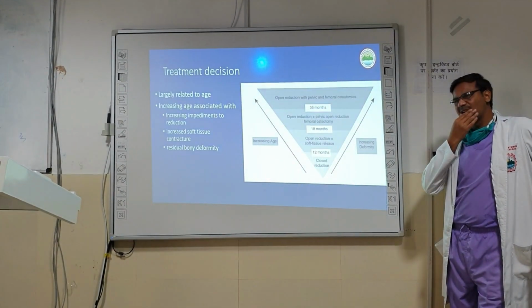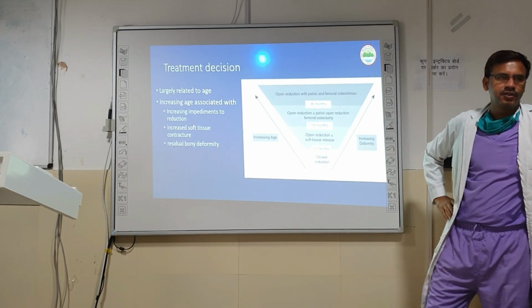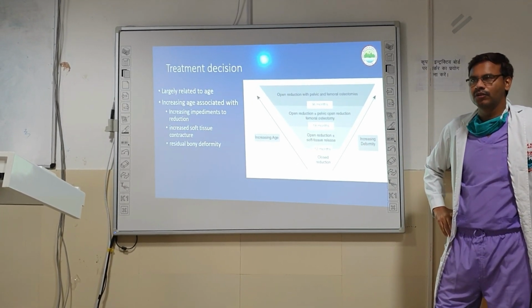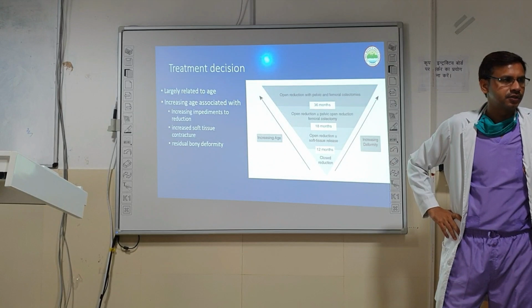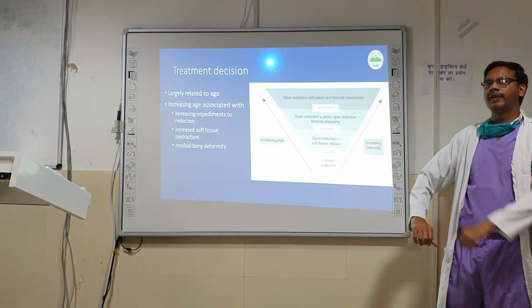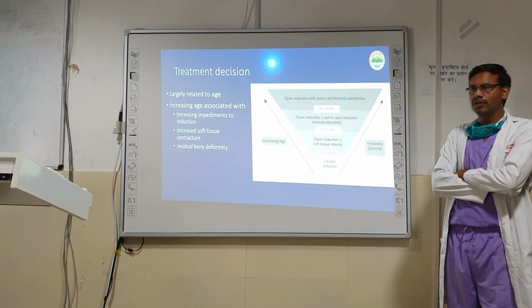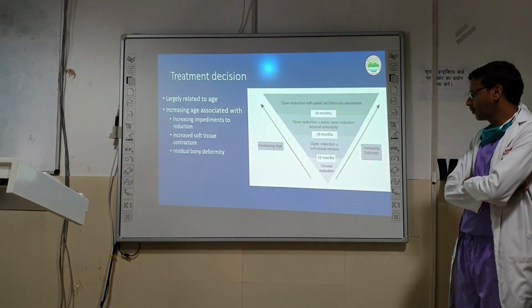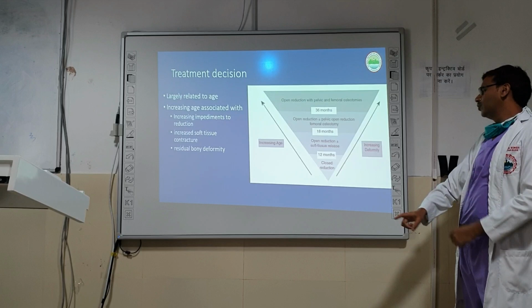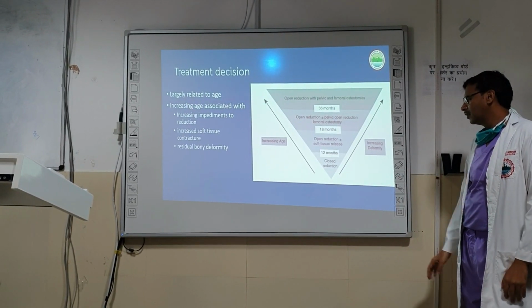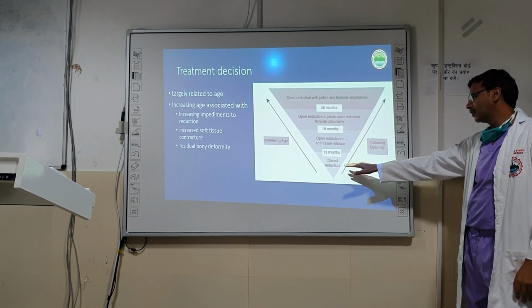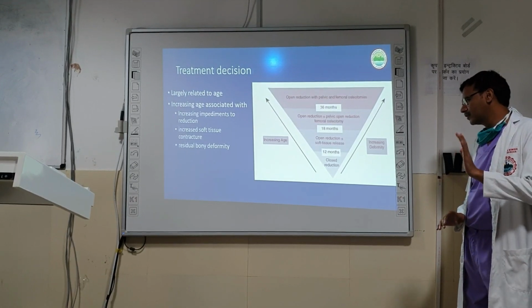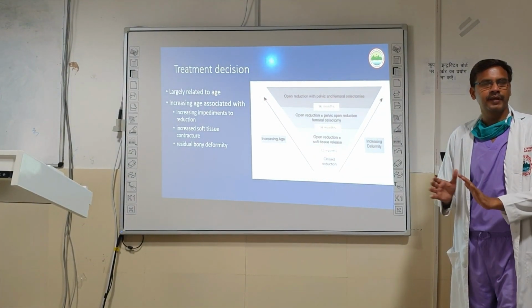Now you have done the clinical examination, radiological assessment, you have known the outcome. Now how will you treat the patient? So treatment of DDH, you should always remember, depends upon the age of the child. So you can see here that if the child is in infancy, under 12 months of age, what suffices is only a closed reduction and a spica casting.